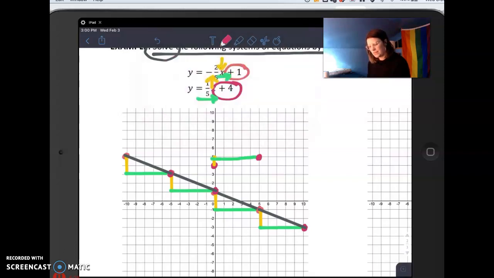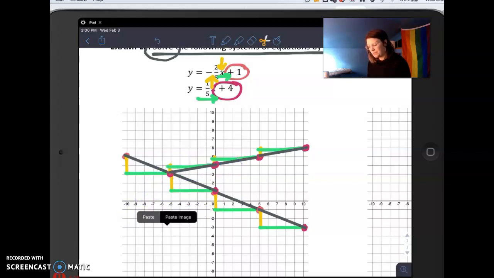And then we put our next point there. And the reason why I like to draw the line in between before I do my copy and paste is because sometimes people forget which side of the slope triangle the line is supposed to be on.